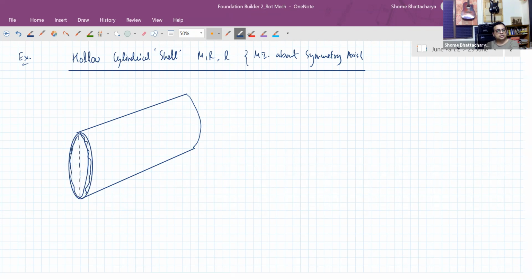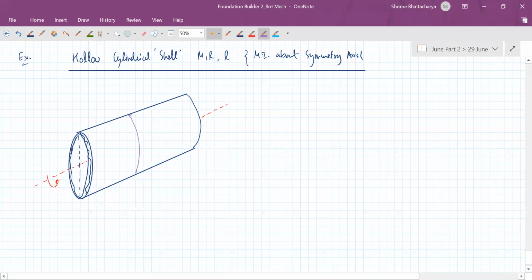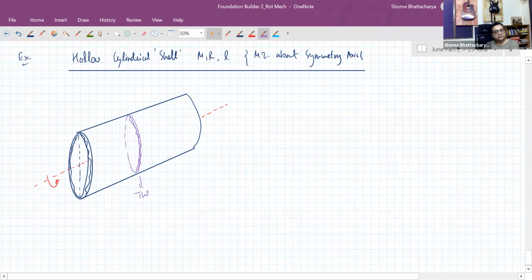Now again we are considering this symmetry axis. This time when we slice it like this, it will be a ring, we'll get a ring. So this would be a thin ring of mass dm, let's say.